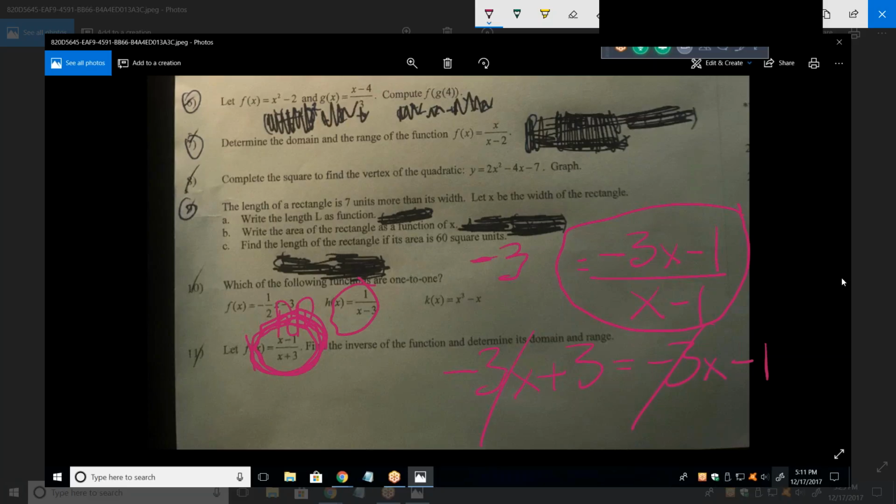Or not using interval notation. The original function does not cross the horizontal asymptote at 1. So the original function has a range, and this time I will use interval notation just because, and it goes up to the horizontal asymptote but never touches it.